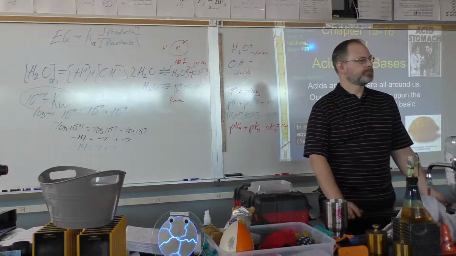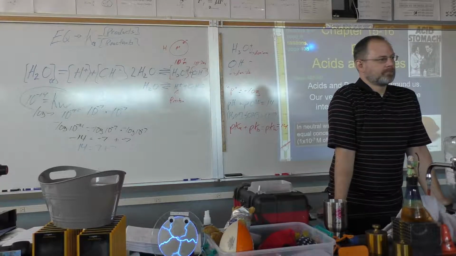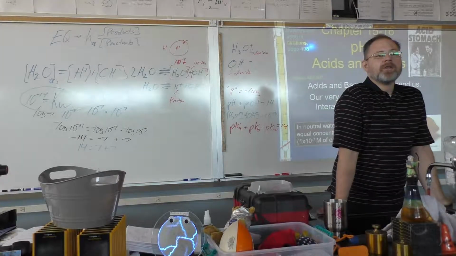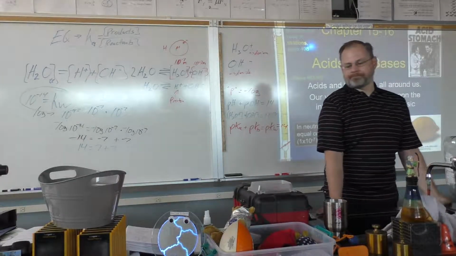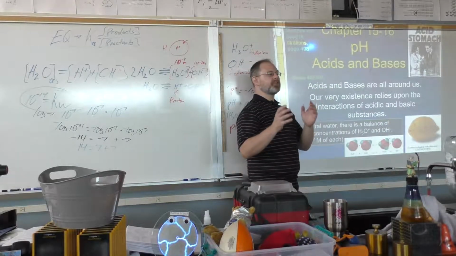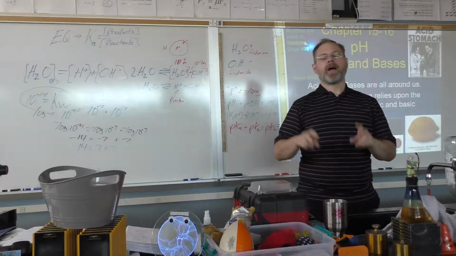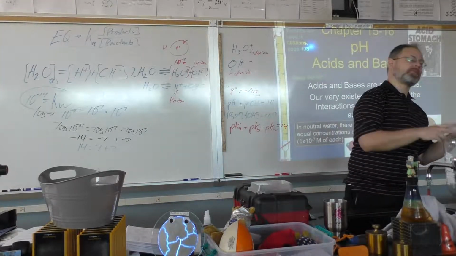So on a scale from 0 to 14, is pure water 7 or 14? 7. Okay, so now let's talk about the pH scale, which starts at 0 and ends at 14.